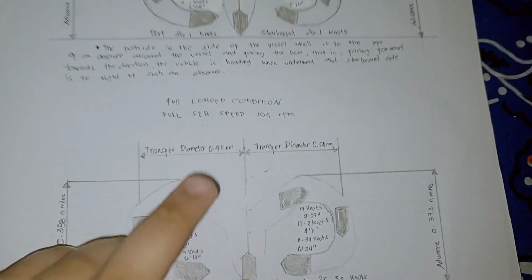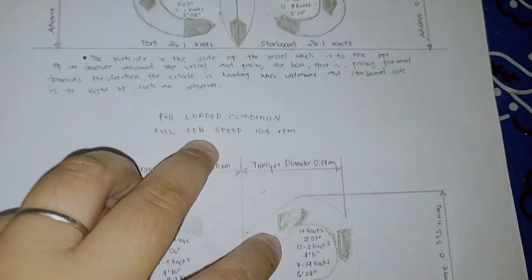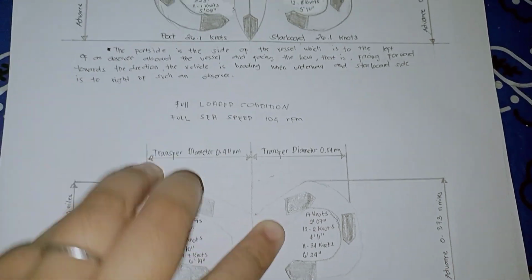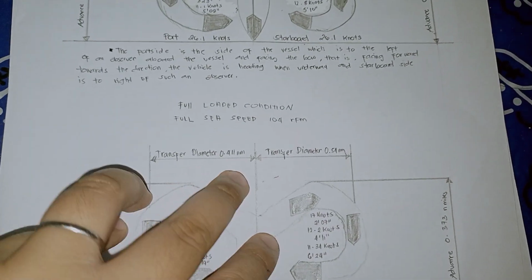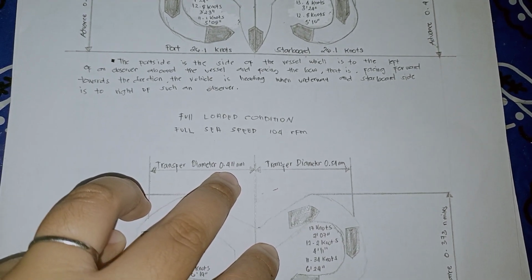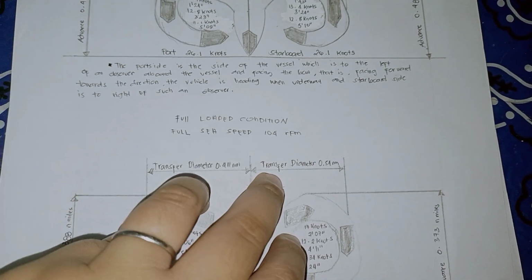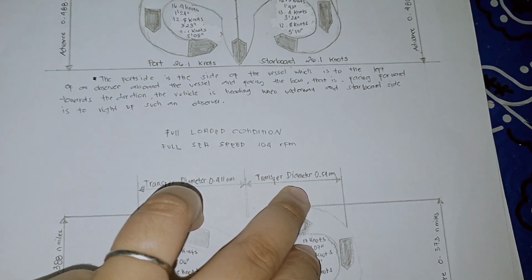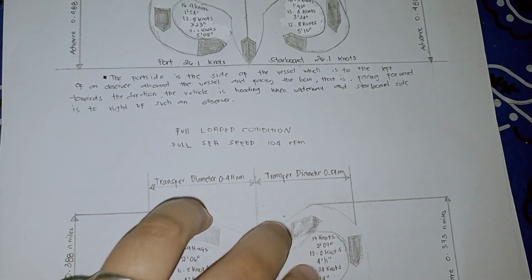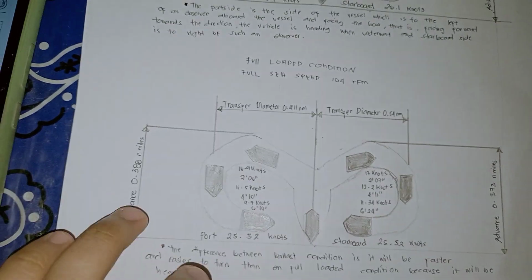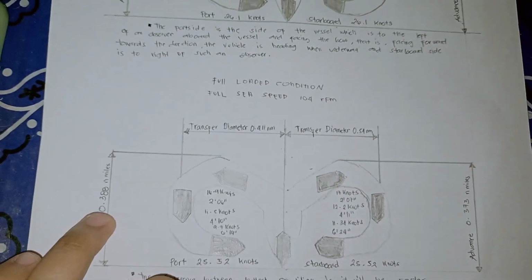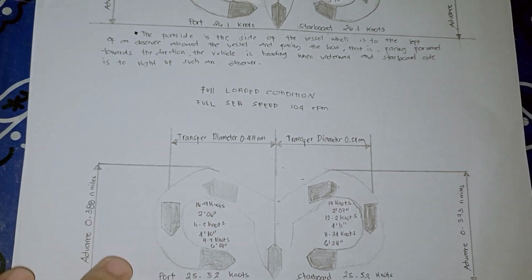For our full loaded condition, full sea speed, 104 RPM, we have transfer diameter 0.1111 nautical miles. Transfer diameter, we have 0.54 nautical miles. For our advance, we have 0.388 nautical miles.